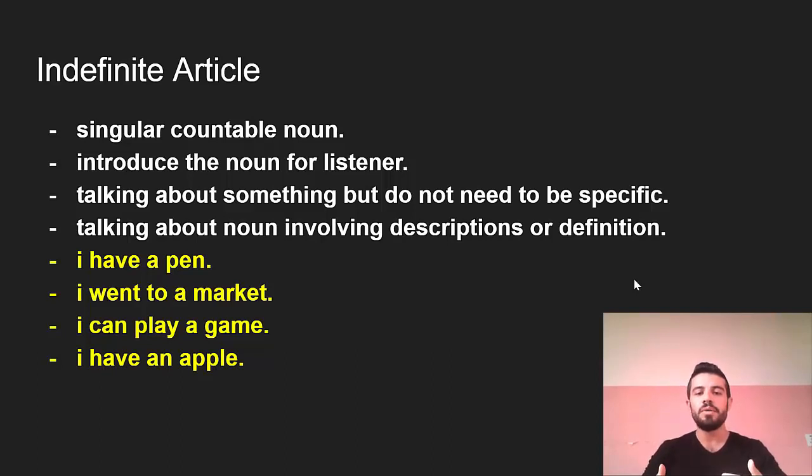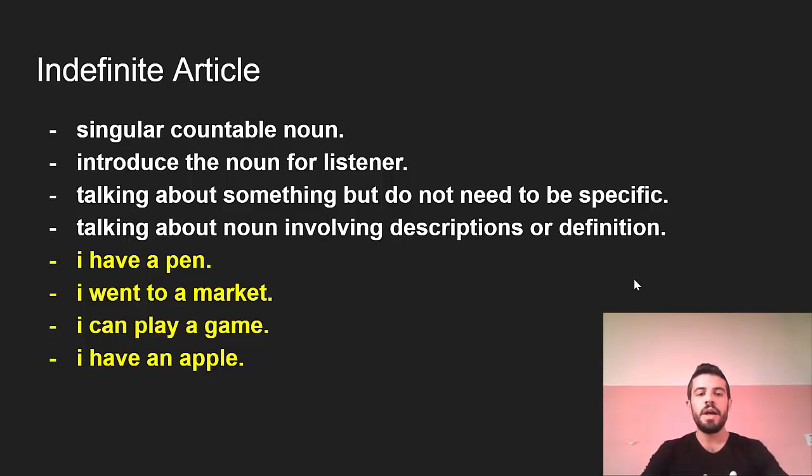Also, when talking about something but I do not need to be specific. Also, when talking about a noun involving description or definition, I explain or talk about a noun, and I have to explain it or I want to define it. So it is also indefinite.